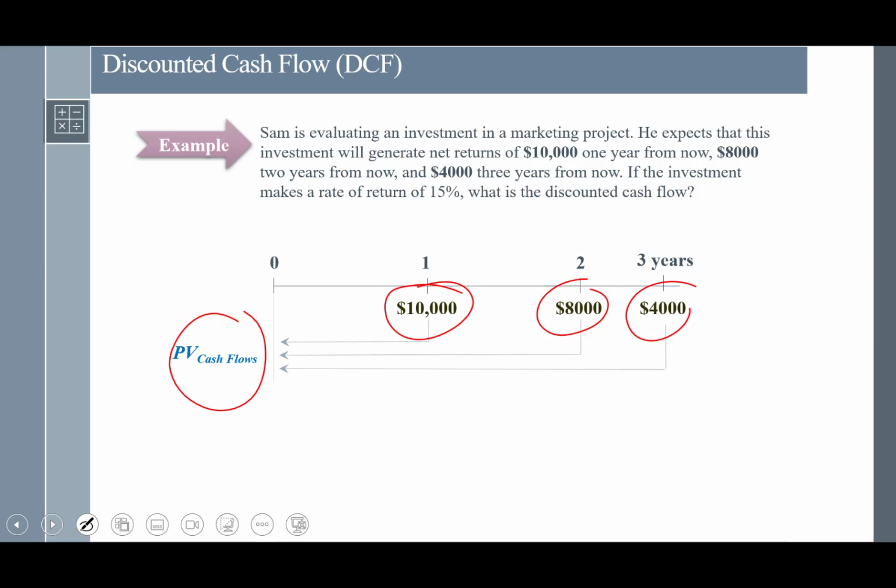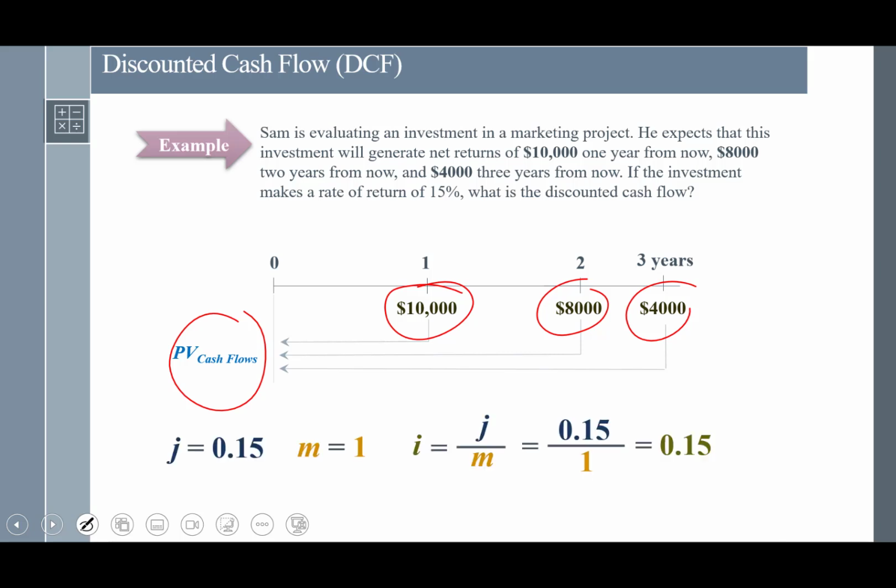If the initial investment is less than the present value, the discounted cash flow, then it's a good investment. If the initial investment is greater than the discounted cash flow, which is the inflow, then it's not a good investment. And this is where the net present value will be either positive or negative.